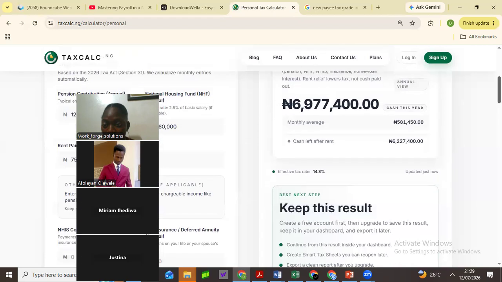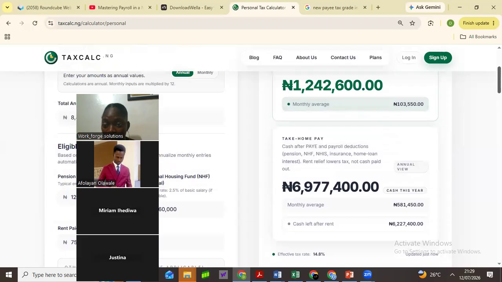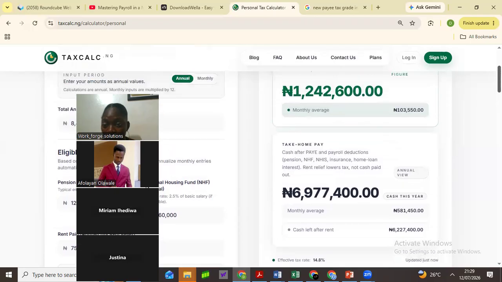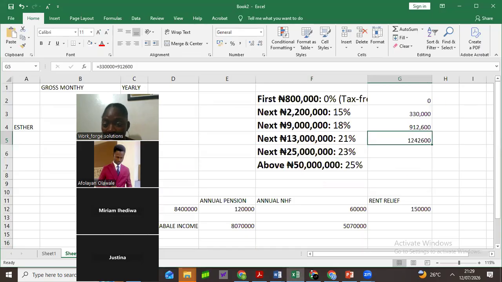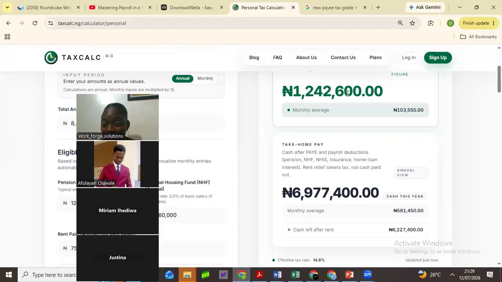Where's the total tax? This is the monthly average. Okay. So what did we get? You see the same thing we got? 124,600. Can you see it? Yes. We got the same answer.